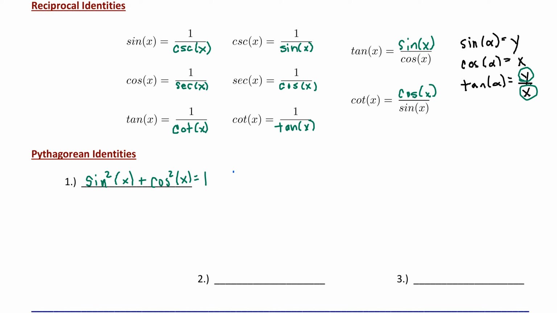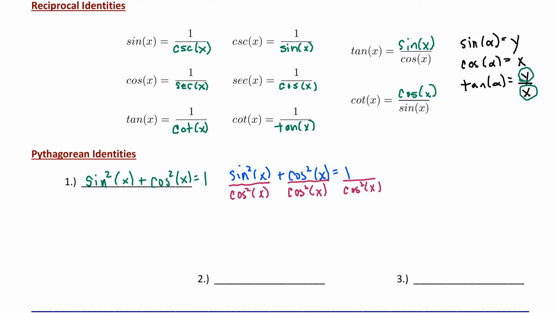From this basic Pythagorean identity, we can then manipulate this equation to generate two more Pythagorean identities. So I'm going to start by copying down the fundamental identity. Then I'm going to manipulate this identity to generate another identity. I'll begin by dividing all three of these terms by cosine squared of x. Notice if we apply the same operation to all three terms, we are generating an equivalent equation.